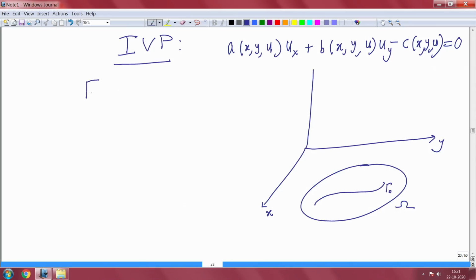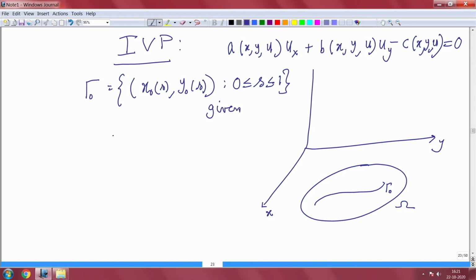Gamma naught is given as the initial curve (x naught of s, y naught of s), with 0 less than or equal to s less than or equal to 1. That initial curve is given, and u equal to u naught of s is also given.